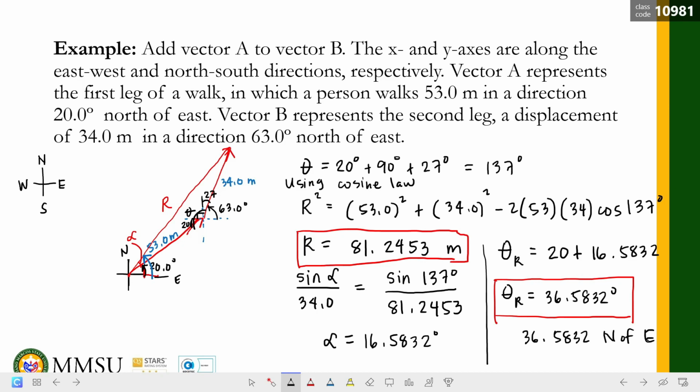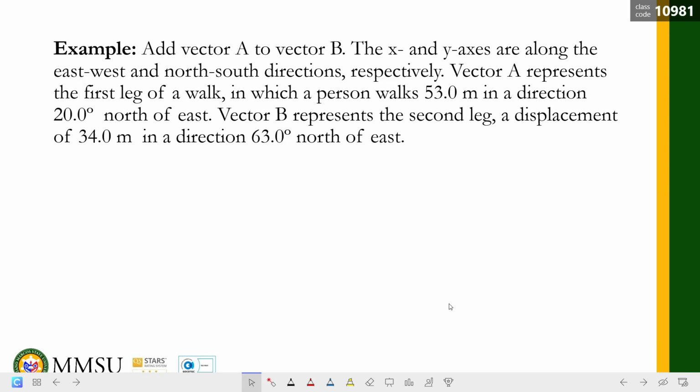Ano? Meron tayong pangalawang method. We call it the component method. Okay? So, the perpendicular component method. We are going to answer the same question. But this time, we are going to use the component method. Una, ano natin yung vector A. Yung vector A natin is 53 meters.